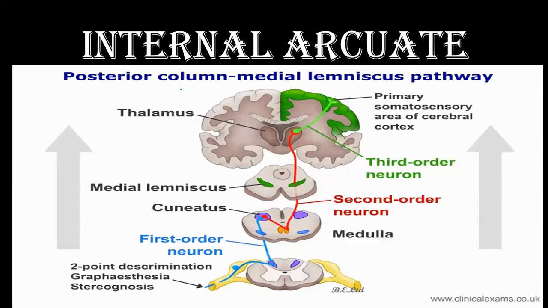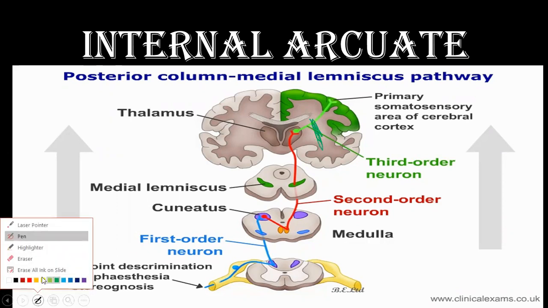Coming to internal arcuate fibers, as I said when we discussed the previous picture, this picture is concerned with the internal arcuate fibers. It crosses the midline, then goes through the medulla, then here we have the pons, then midbrain, then it terminates with the third order neuron in the thalamus, and somewhere here we have our internal capsule.